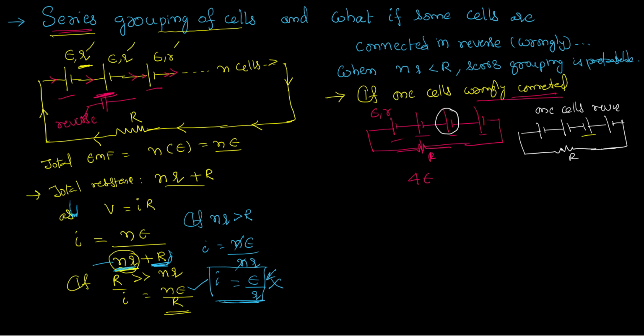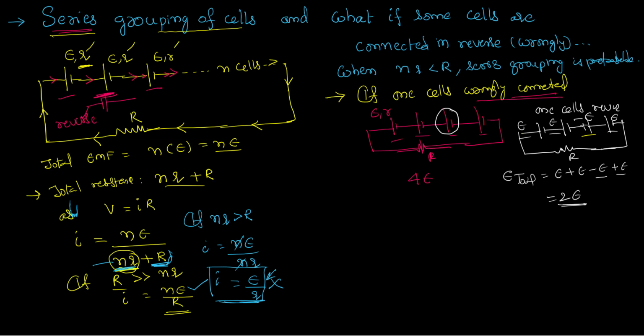Now this is plus E, this is plus E, this becomes a minus E because it's connected in reverse. This is again plus E. So what's the total EMF? E total in this case is plus E, minus E, plus E. Remember, one E cancels the other E. It doesn't become 3E, but it becomes only 2E.